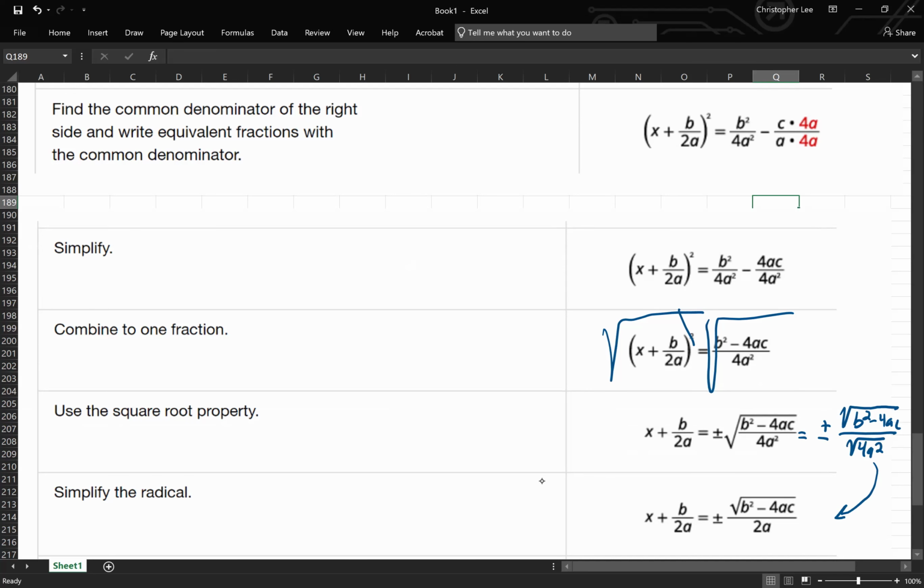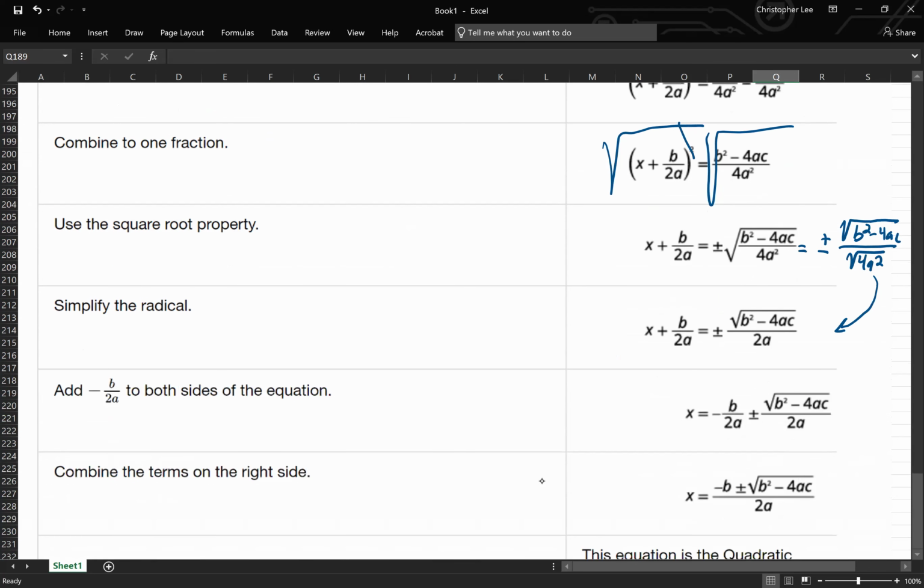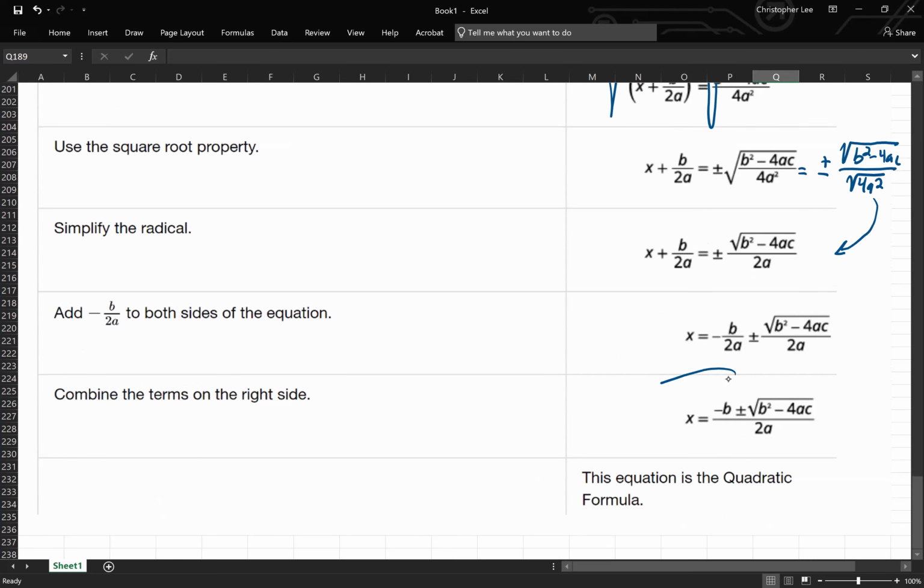After that, subtract the b over 2a onto the other side, and we have our quadratic formula, right? X is equal to negative b plus or minus the square root of b squared minus 4ac, all divided by 2a, all right? Questions on this?